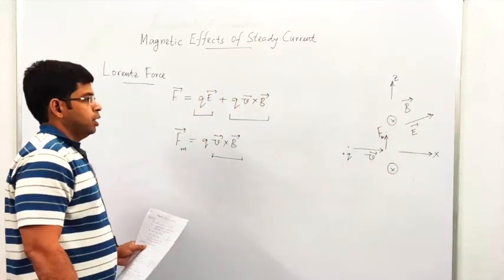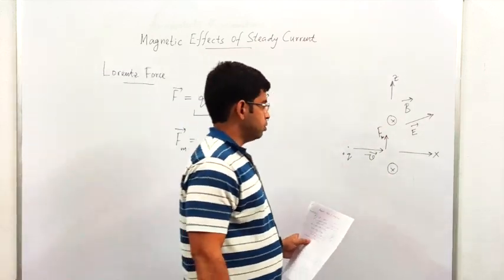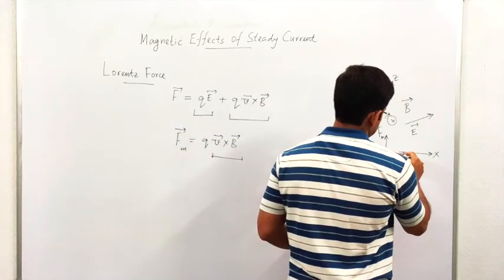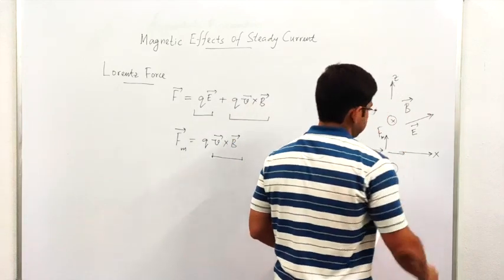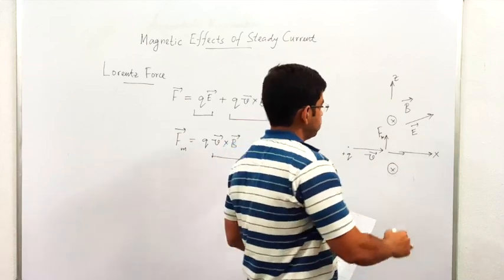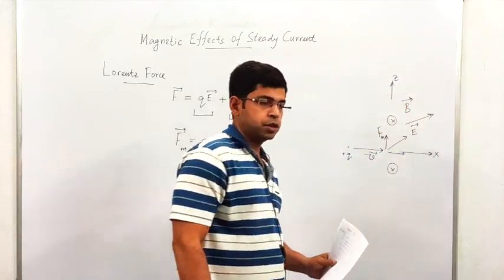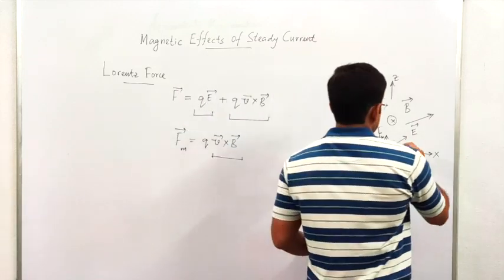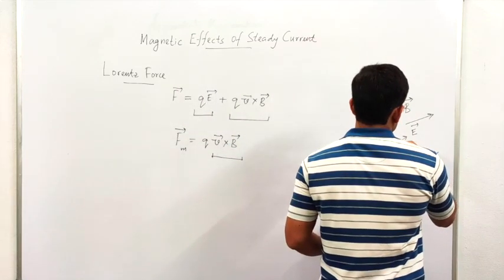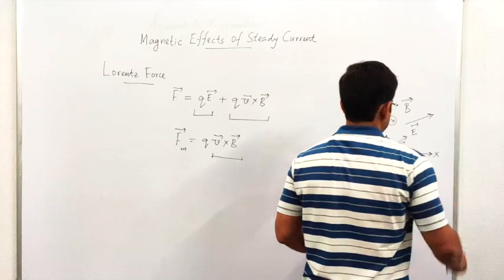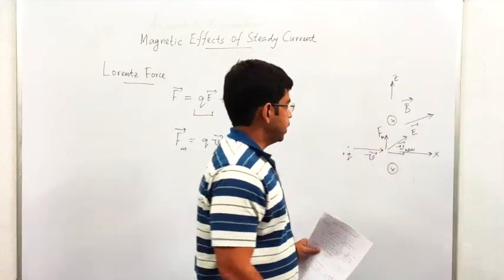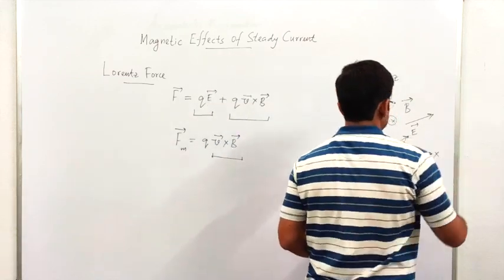Because of this, there will be a component of velocity along this direction. Along with the initial velocity, this will produce the resultant velocity, somewhat along this direction, the new velocity. Now at the next instant, say the particle is here.